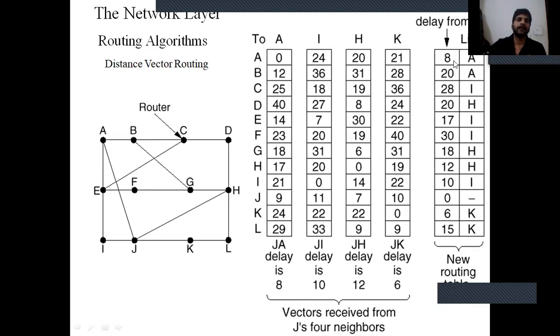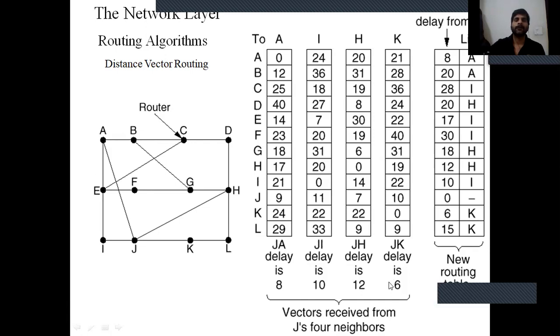If we take the destination A, we calculate 0 plus delay 8, 24 plus 10, 20 plus 12, 21 plus 6.